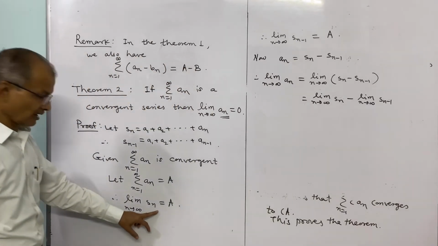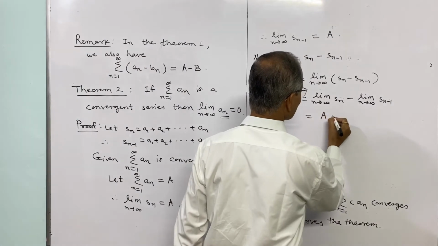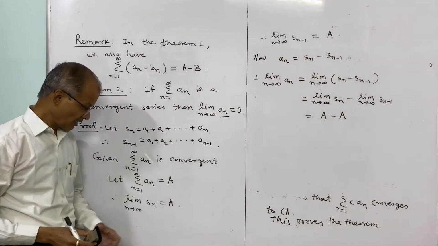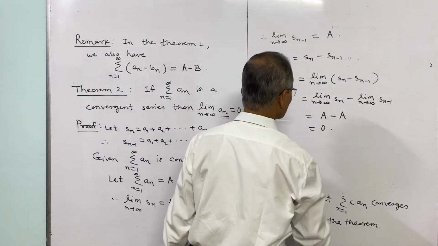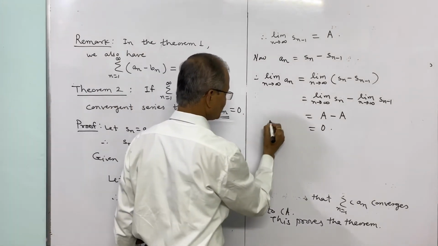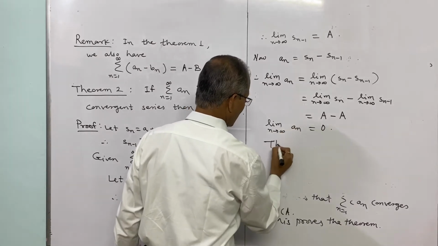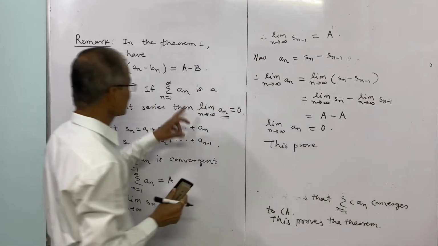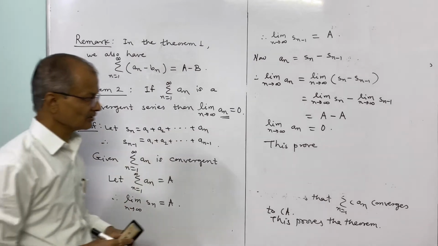The limit of Sn is A as n tends to infinity, and the limit of Sn minus 1 is also equal to A, and therefore this is equal to 0. Thus we have proved that the limit of An is equal to 0, and this proves the theorem: if the series sigma An is convergent, then the limit of its nth term is 0.